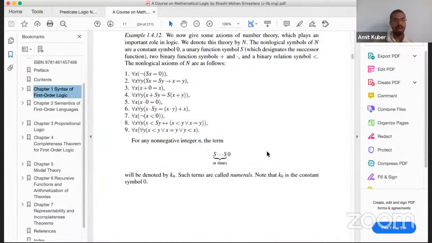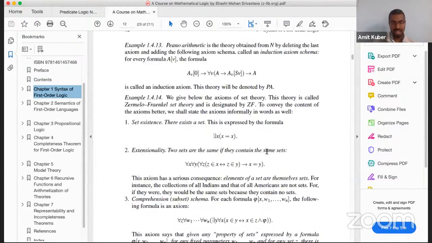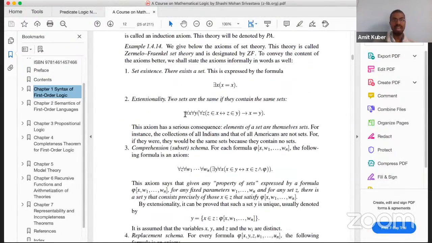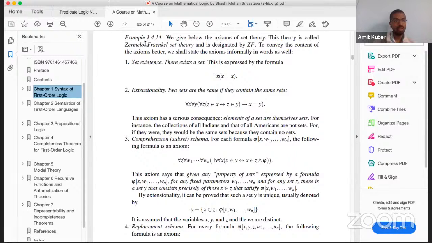Then these are Peano arithmetic axioms. And I just wanted to show you this Zermelo-Fraenkel set theory. You are doing a course on set theory right now. Like set existence: there exists a set such that x is equal to x. Extensionality. So here, what is the language? The language of set theory consists of only one non-logical symbol, which is belongs to. It is a binary relation symbol, binary predicate symbol.